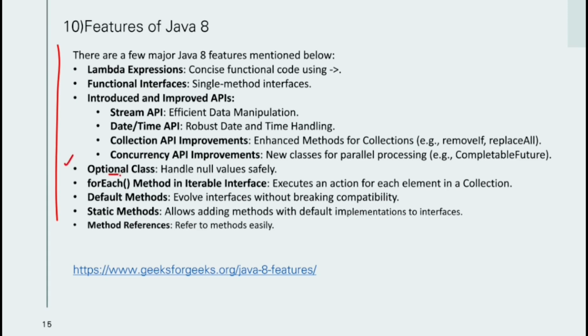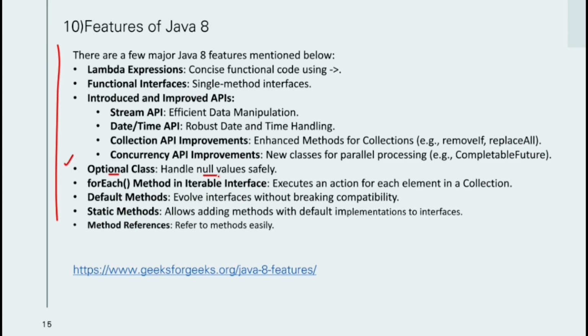I remember one interviewer asked me about this Optional class: what is the significance of the Optional class, why do we use it? We use the Optional class to handle null values safely. Basically in a Spring Boot application, while implementing a REST API, sometimes you have to add APIs for fetching data based on some IDs. It is possible that for that ID we don't have any data in our database.